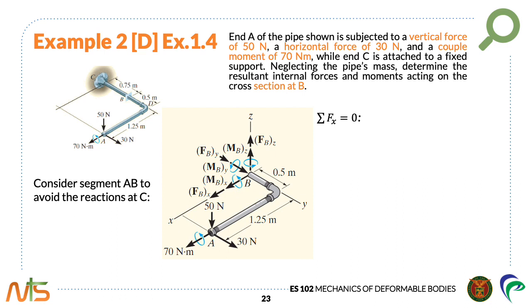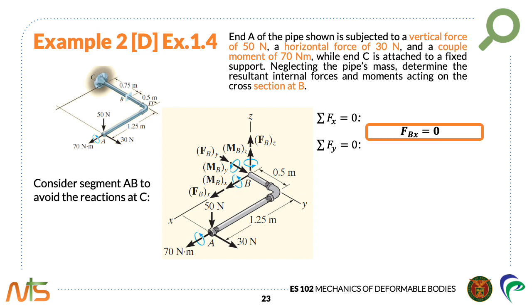Let's start with summation of Fx equal to 0. Looking at the forces about the x-axis, we only have Fbx. So Fbx is equal to 0. Next, we sum forces about the y-axis and equate it to 0. The forces about the y-axis are Fby and the 30 newtons.